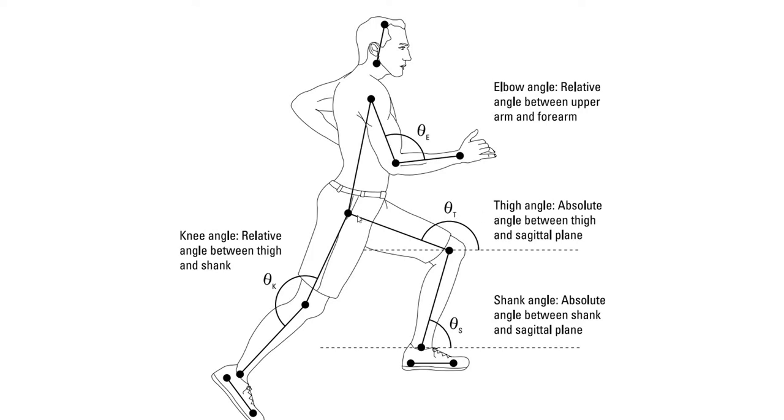Now typically we measure hip flexion extension by a vertical line acting down from the hip marker, and measure the angle from the thigh segment that we've produced and this vertical downwards line. But it depends on the type of analysis that you're performing. And we'll look at some more examples as we go on. This is just to give you a general idea of relative and absolute joint angles.